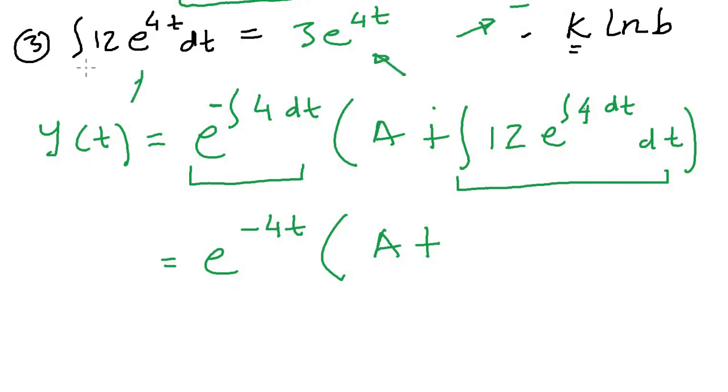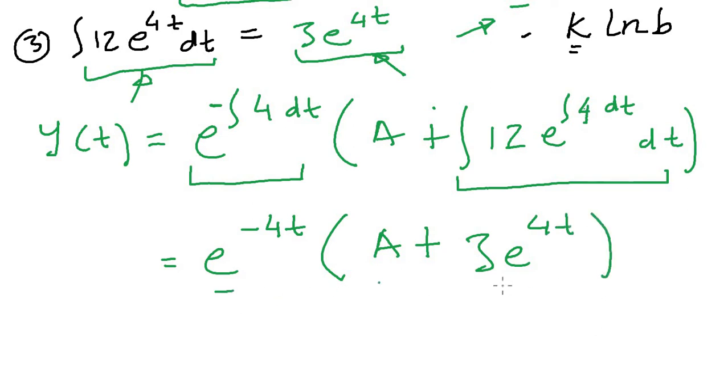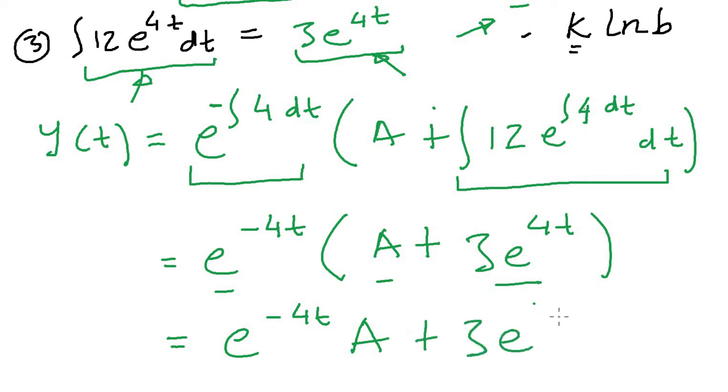So this entire expression is equal to this 3 e to the power 4t. Now you can multiply this with these. So e to the power minus 4t into a plus 3 e to the power 4t into e to the power minus 4t.